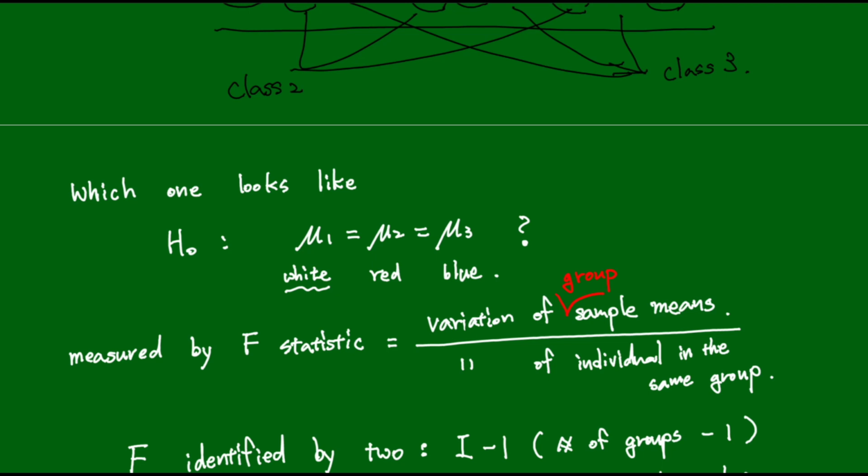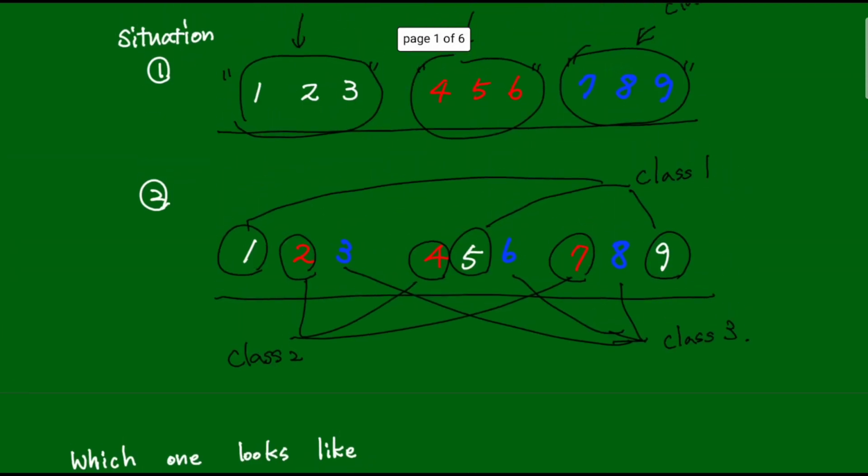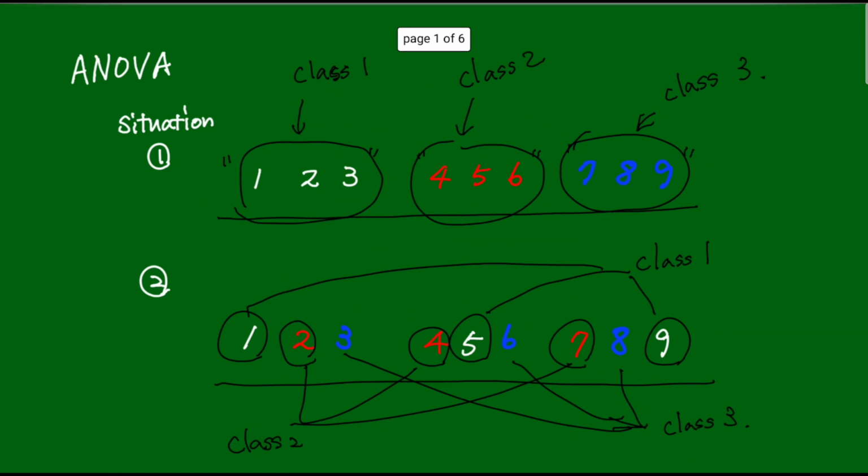So that's my null hypothesis. Okay, and since we have 2 situations, in which data set can you say the average homework score for each group is the same, if you want to choose between these 2?